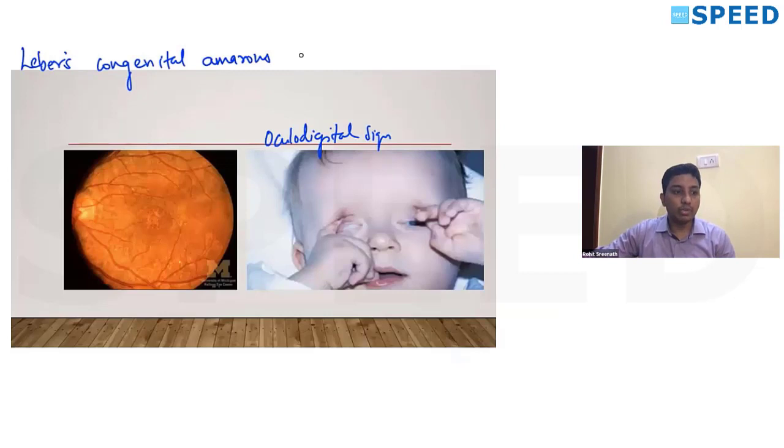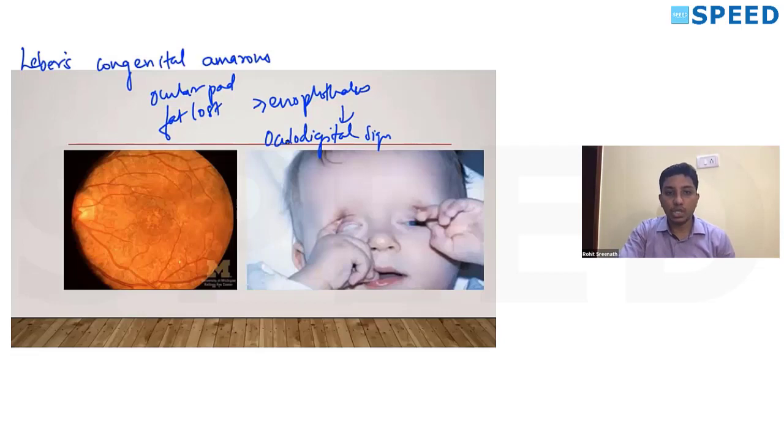The patient will have salt and pepper retinopathy, typically because of the constant rubbing of the eyeball. Because this child is not able to see because of the retinopathy, the child continues to rub the eyeball. Because of the constant rubbing, the ocular pad of fat is lost, due to which the patient will have an enophthalmos. This is known as the oculodigital sign of Leber's congenital amaurosis.